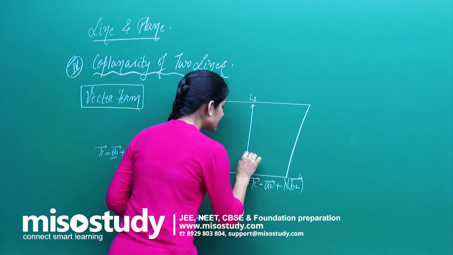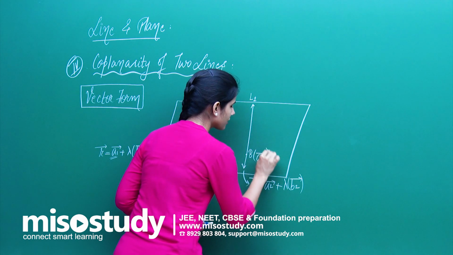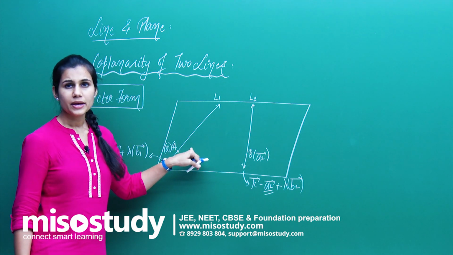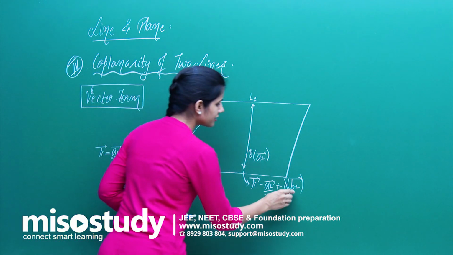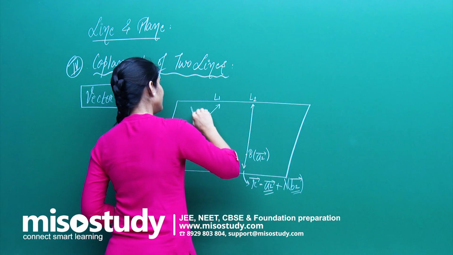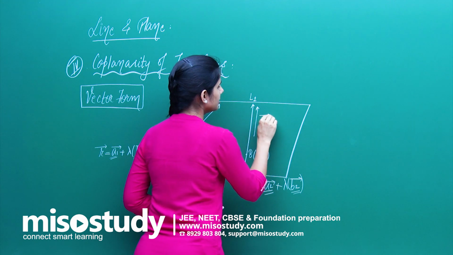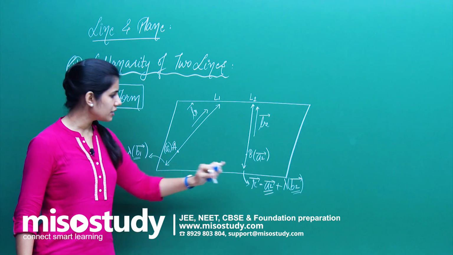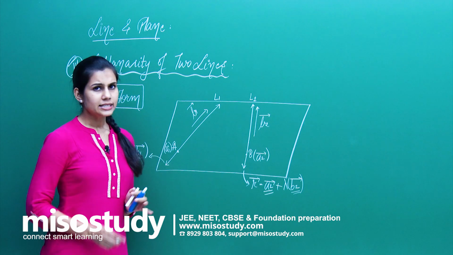Similarly, line 2 is passing through a point, say B, whose position vector is a2 vector. Also, there is something which gives direction to my line, and that is b1 vector, and similarly for line 2 it's b2 vector. So, parallel to line 1 is b1 vector, parallel to line 2 is b2 vector. These are the features which we know about these two lines from their equations in the vector form.